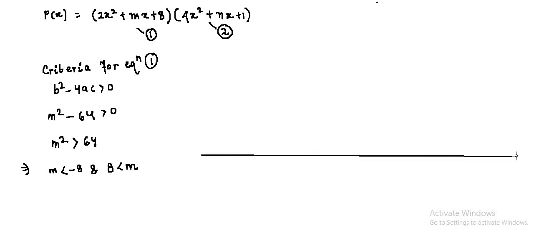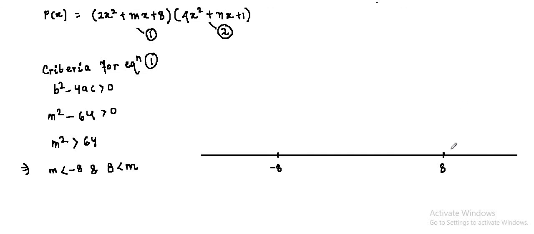Suppose this is my number line. The points given are −8 and 8. If you take values greater than 8, for example 9, 10, 11, 12, and square them, you will always find that it is greater than 64.